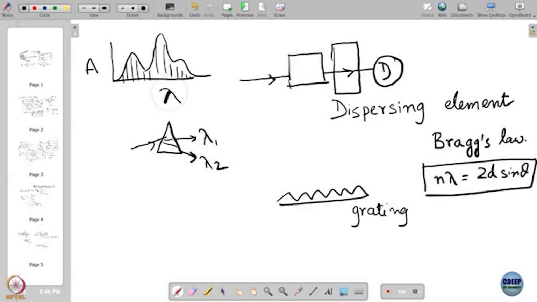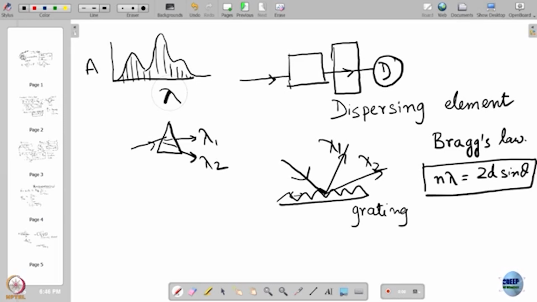What it essentially says is that different wavelengths travel in different directions. So, polychromatic light falling on this, lambda 1 will go in this direction, lambda 2 will go in this direction. And what is d? d is the spacing between the grooves, right. So, you have created a rainbow.